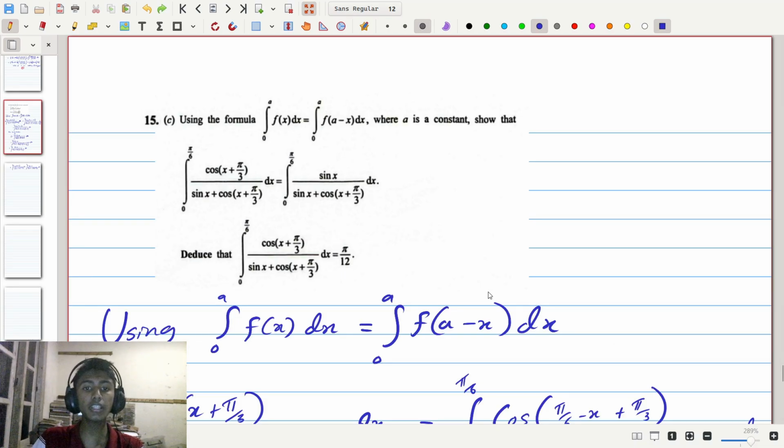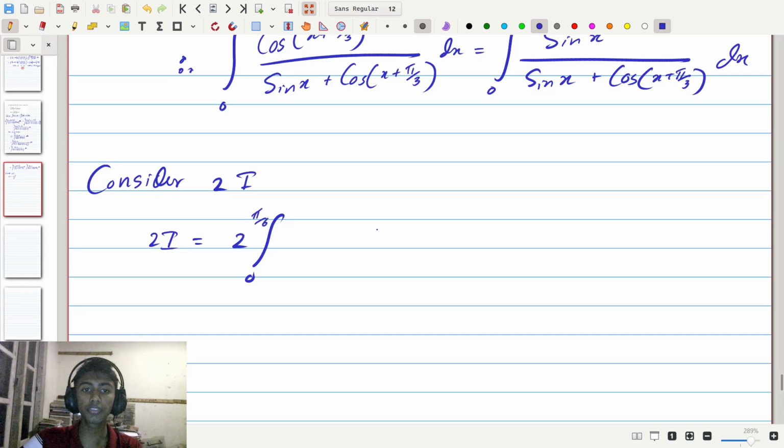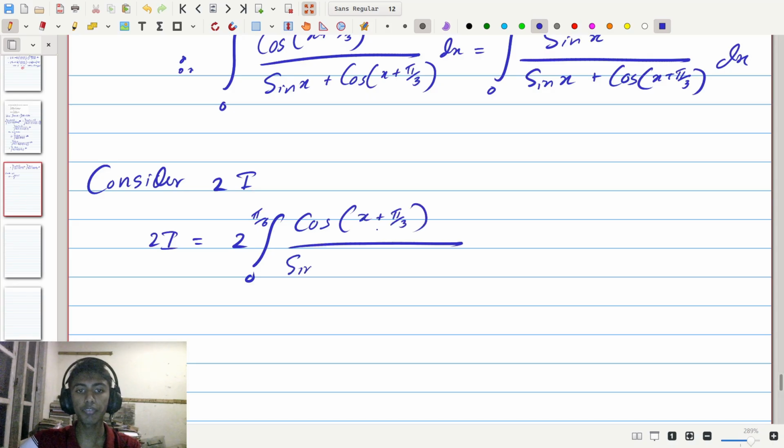Now if we consider the double of this value, if we consider 2I, which is going to be equal to double the integral from 0 to pi by 6 of the cosine of x plus pi by 3 divided by sine of x plus cosine of x plus pi by 3 with respect to x.